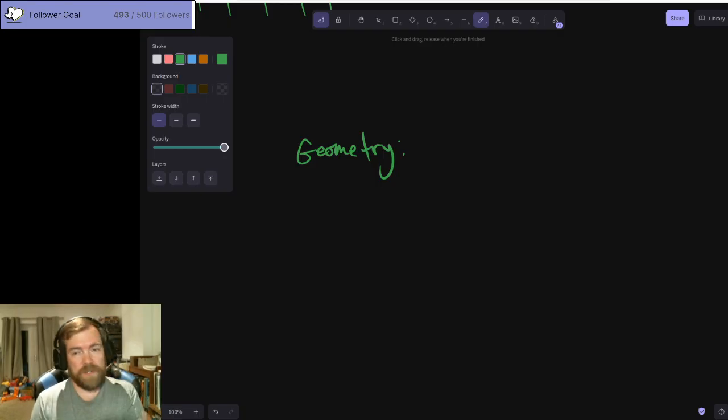So, in terms of geometry, the way that Euclid started out was he started out with a bunch of definitions and then said, here are the basic things that we are allowed to do.